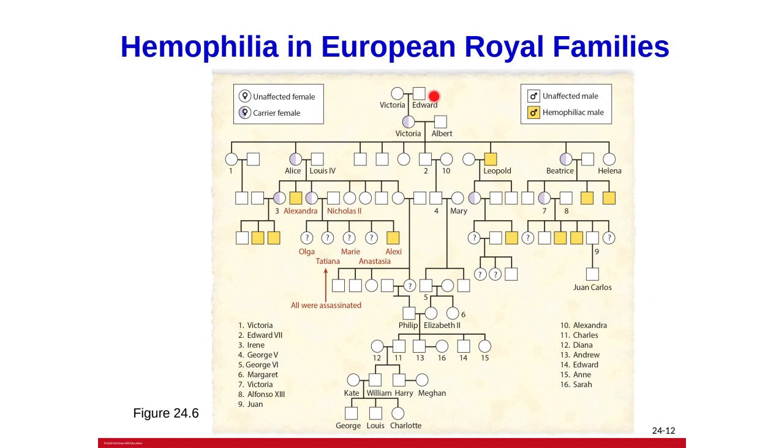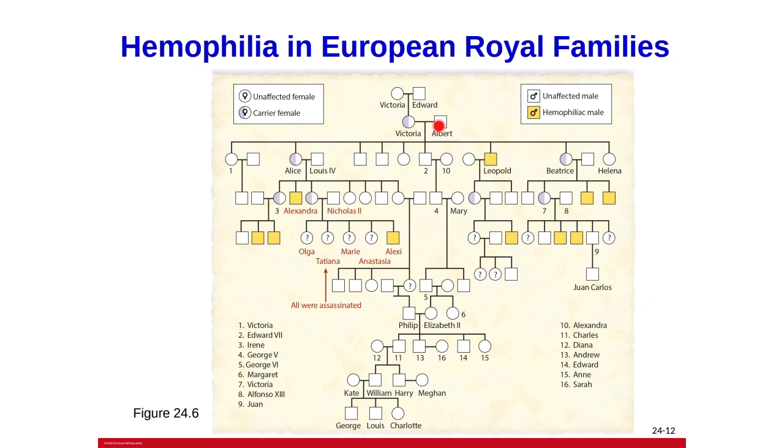Now, some of these diseases can arise as mutations. So it may have arisen in the germline of Victoria, or it may have been in the germline of either her mother, Victoria, or Edward. So we don't really know for sure. But we know for certain that she definitely had the disease.